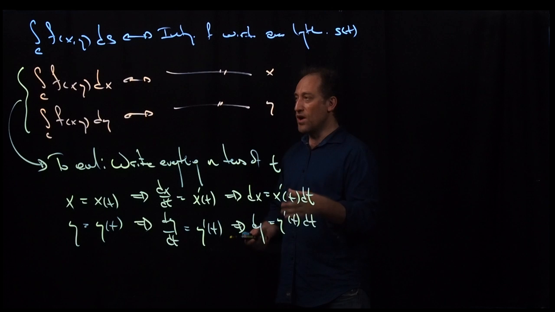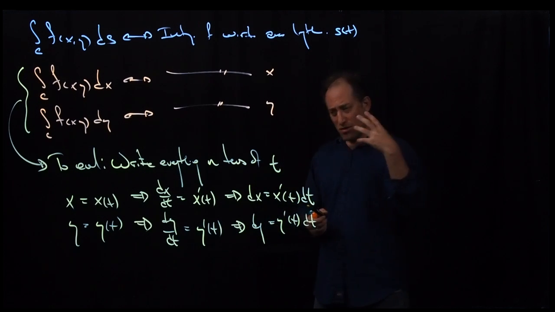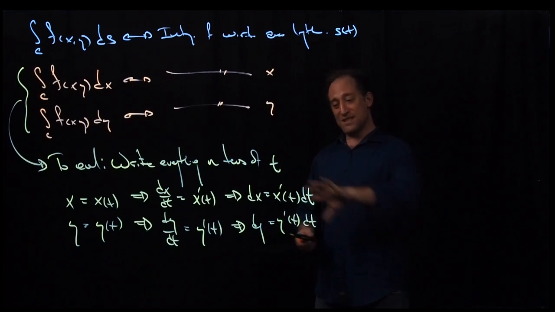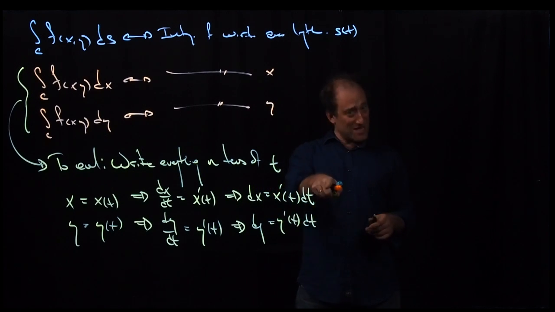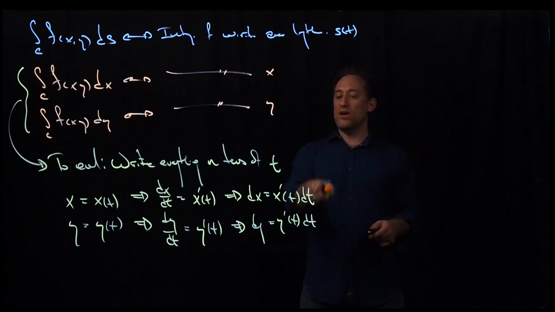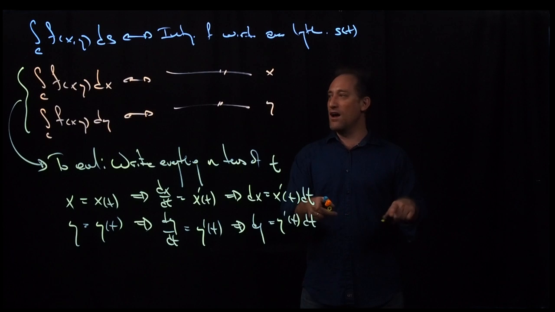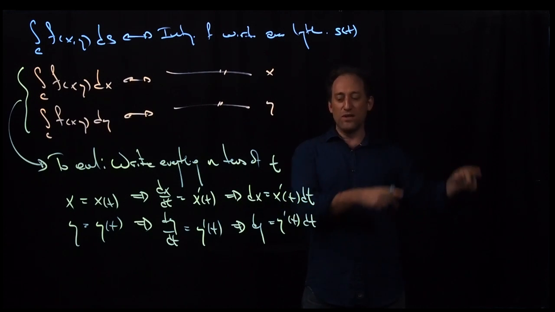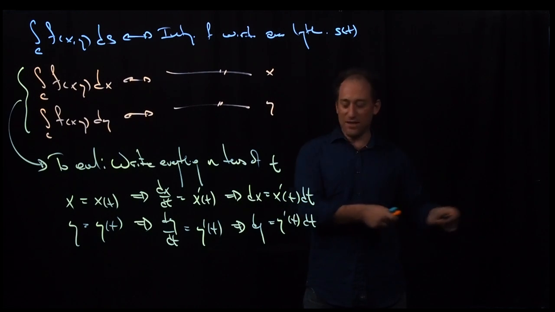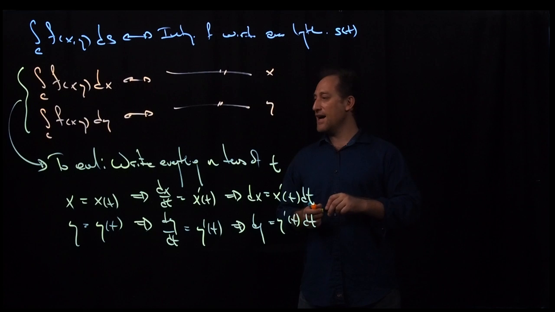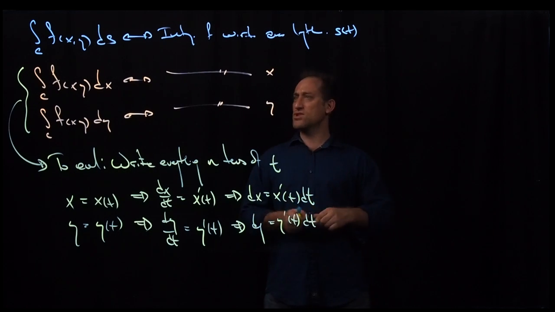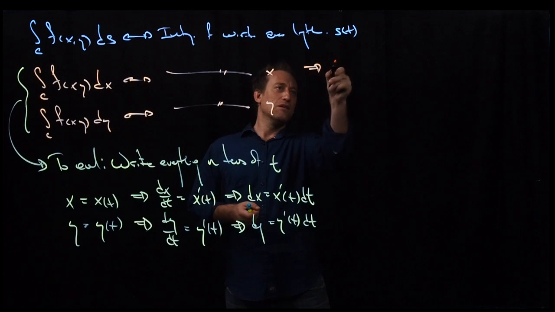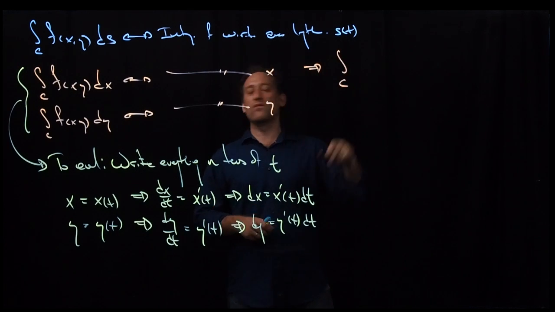It's straightforward, and you get that, at the very least, this is a simplified version of what's up there. The x prime of t dt will stand in place of the square root of dx dt squared plus dy dt squared.